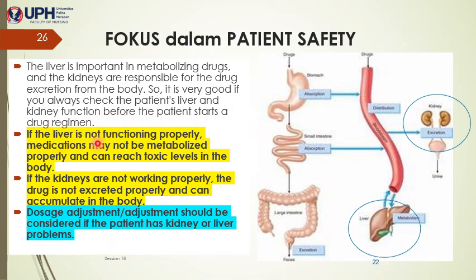If the liver is not functioning properly, medications may not be metabolized properly and can reach toxic levels in the body. If the kidneys are not working properly, the drug is also not excreted properly and can accumulate in the body and cause toxicity. So we need to make a dosage adjustment to consider if the patient has a kidney or liver problem.